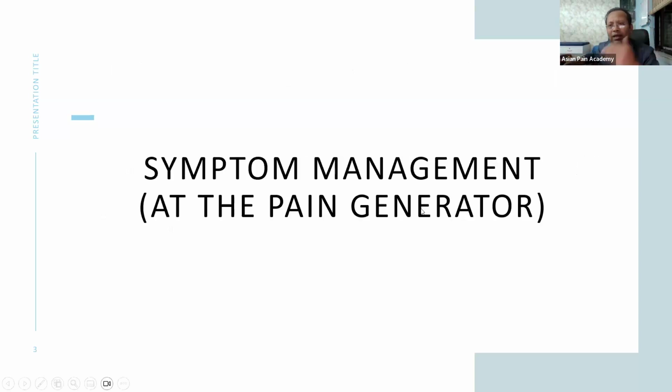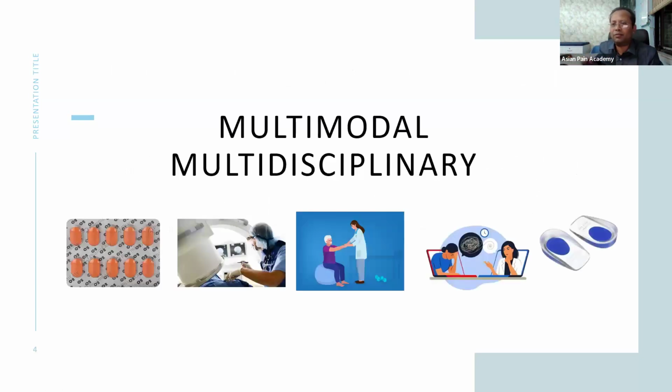Symptom management at the pain generator, first let us discuss, and that only we can discuss because the background cause is so diverse. Many a times if it is degenerative, then most of the time degenerative things come to pain physicians, so that is non-modifiable. And if it is inflammatory, then of course we will go for inflammatory arthritis treatment. And many other things like trauma, malignancy and all, we need other specialties.